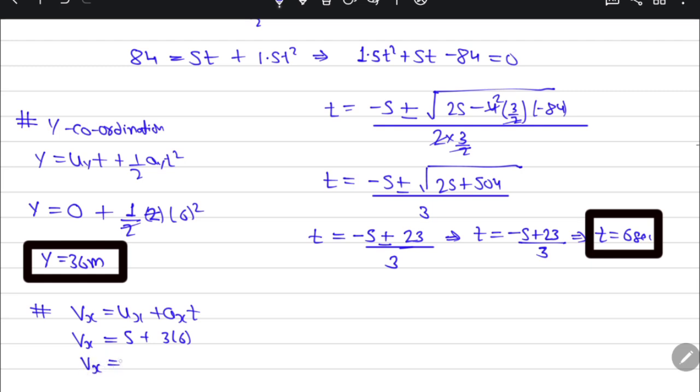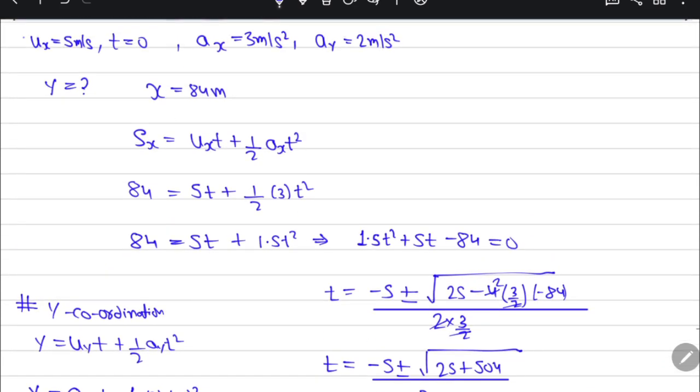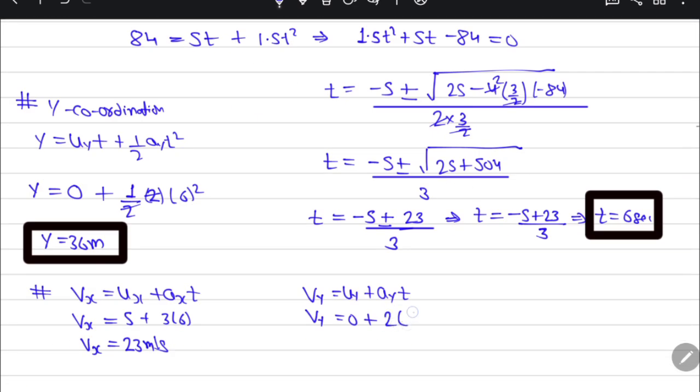So the velocity in the x direction is 18 plus 5, 23 meter per second. And in the y direction, vy is equal to uy plus ay t. The initial velocity in the y direction is 0, the acceleration in the y direction is 2, and t is 6. So the velocity in the y direction is 12 meter per second.